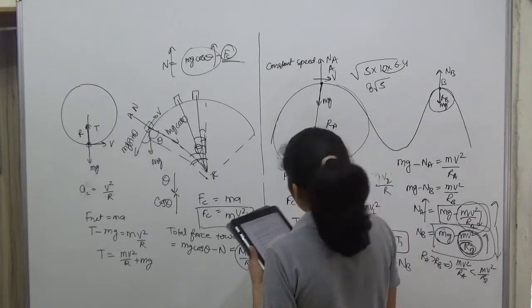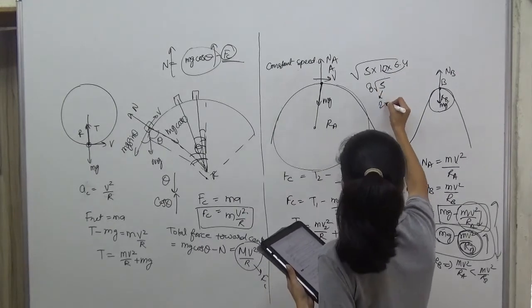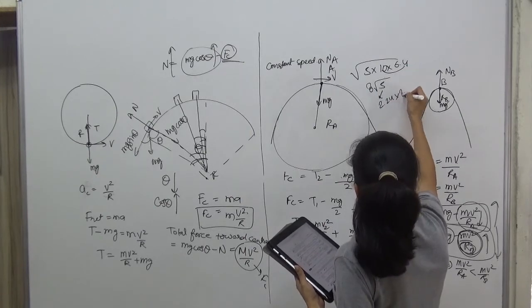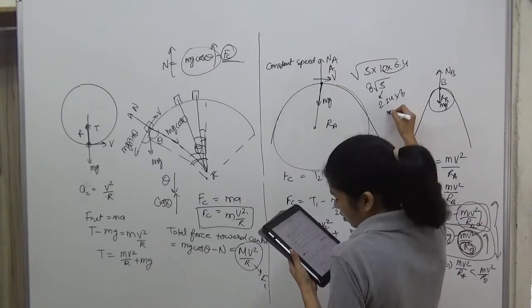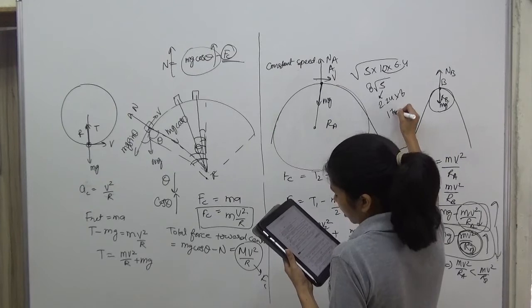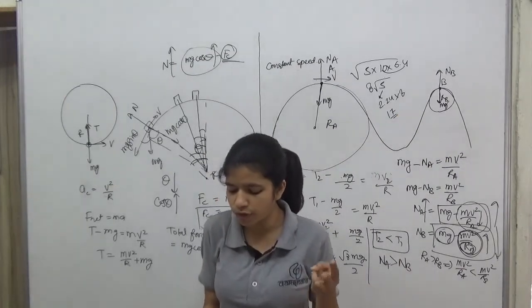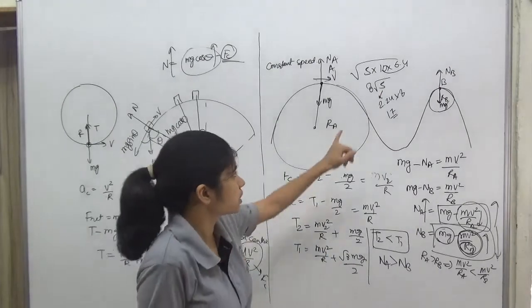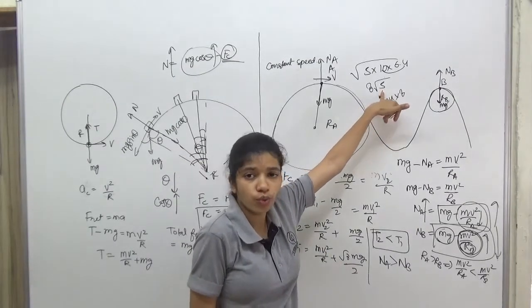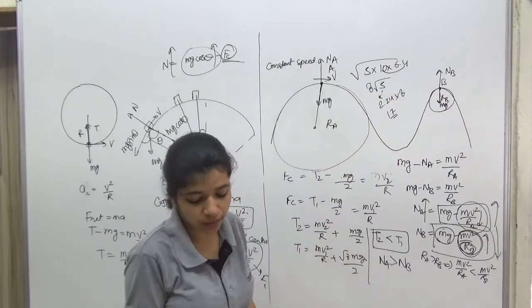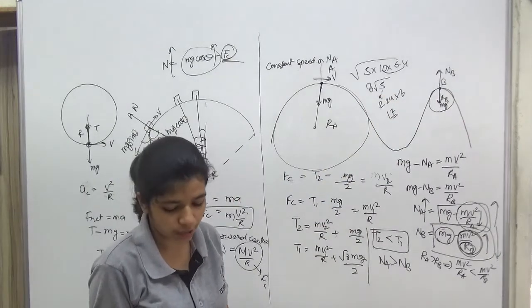So 8 root 5 will be, this will be 2 point something, 2.24 into 8. So it will be close to 17, है ना. So here we have options 17.7, 10.2, 12.4, 16. So 16 तो हो ही नहीं सकता because exactly if it is 2 then it will be 16. So 17.7 will be the answer.